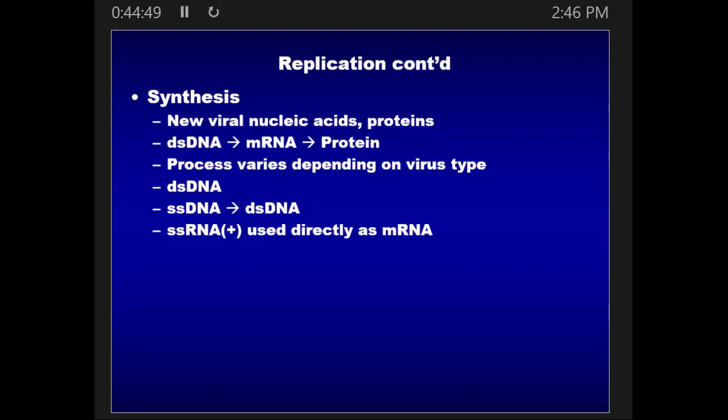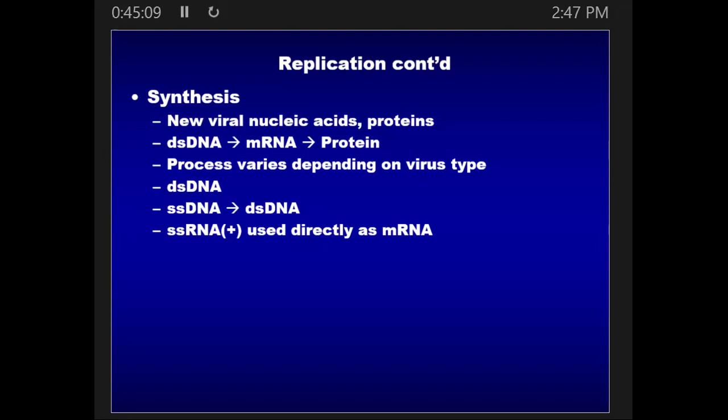Okay, then it gets a little wacky with RNA. And the other thing too, in the notes section of this slide, I put a little additional note. So we talk about plus and minus RNA with viruses.